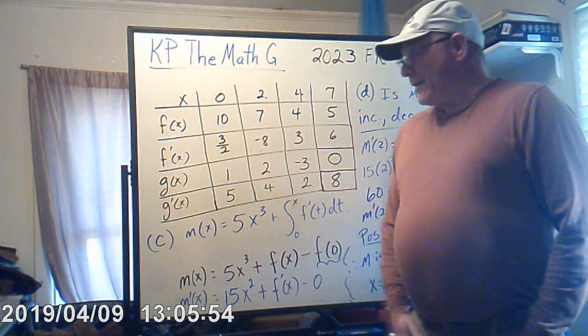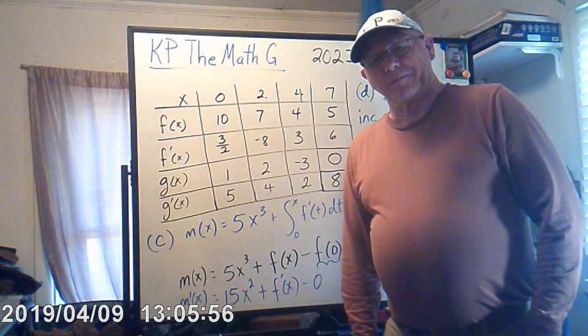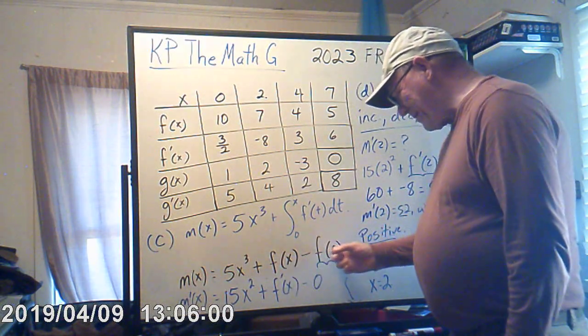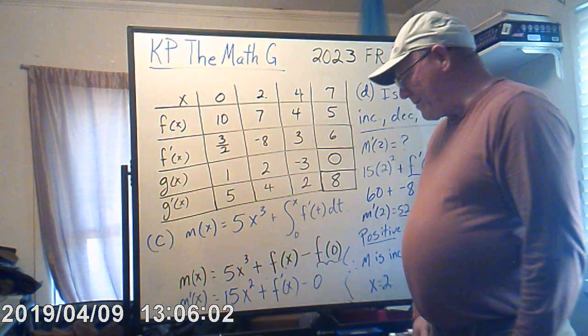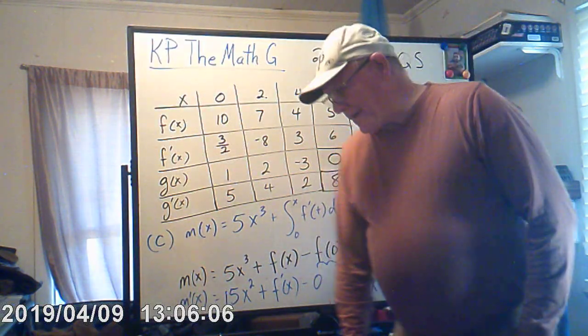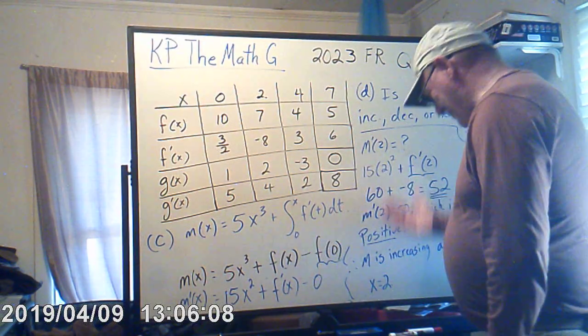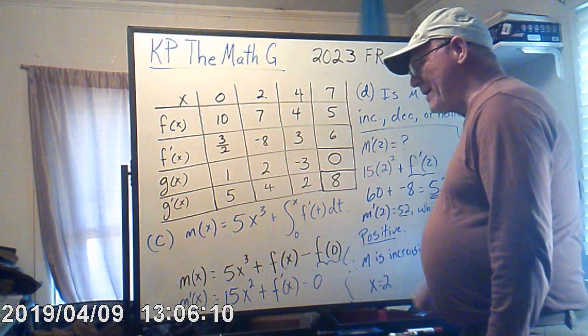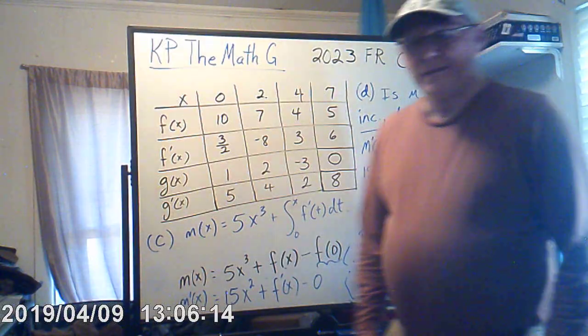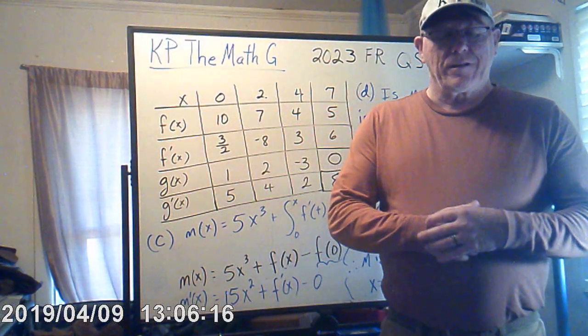All the points. Really nice little problem here. C is just to test your ability to do this. Can you do that? And then plug the 2 in. And D is take it a little further. Now explain. Explain your answer. Justify your answer. That you just justified it right there. Okay. So there it is.